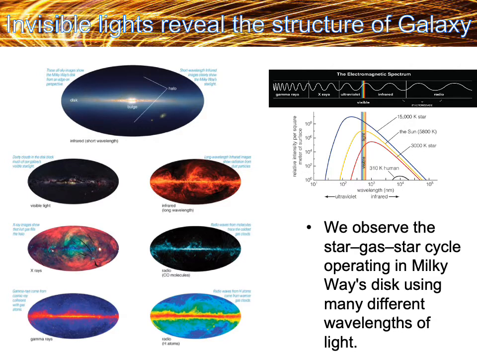Especially in the infrared light band, you can see the clear bulge of the Milky Way, while that is blocked in the visible light, because you can see it's not as pronounced as the infrared picture, right?